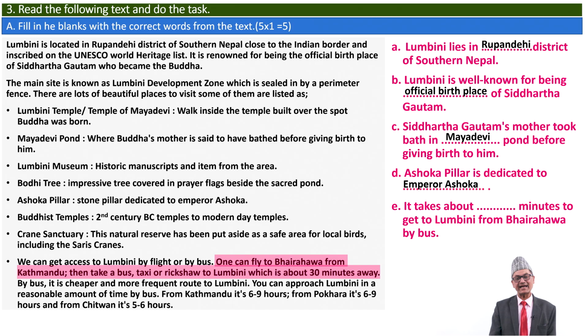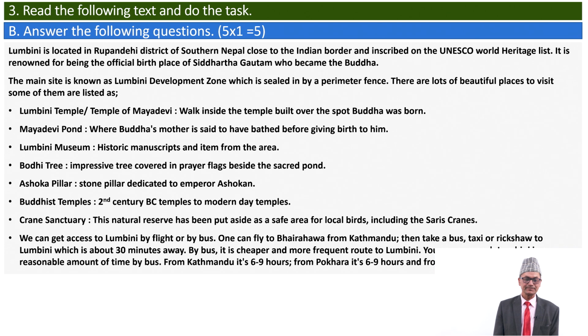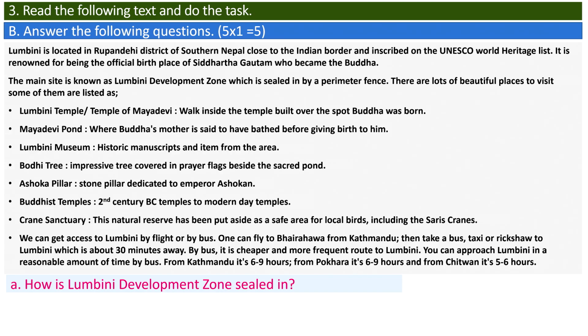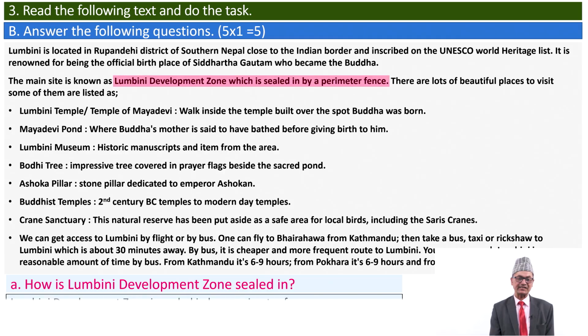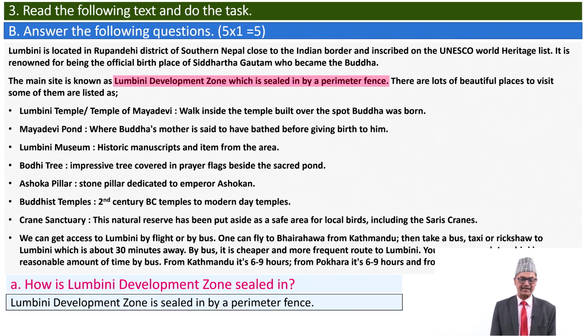And what's the answer? 30 minutes. Look at the second one. The same text, you have different types of question. How is Lumbini development zone sealed in? So the information is there and the answer is there.